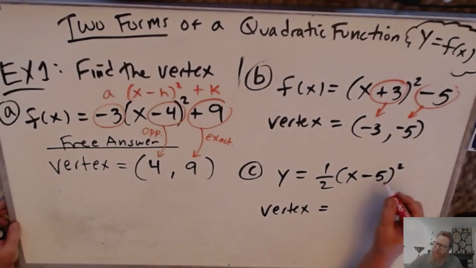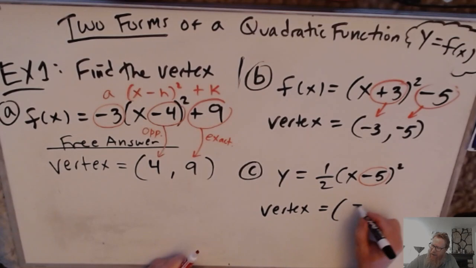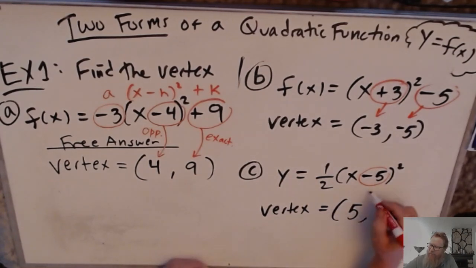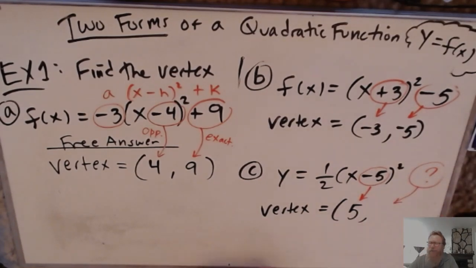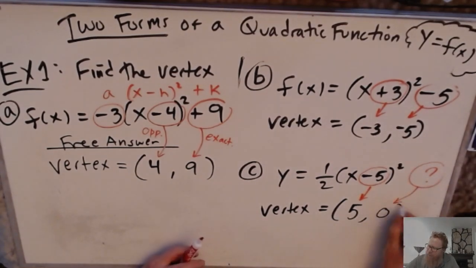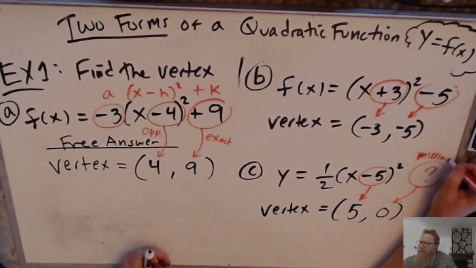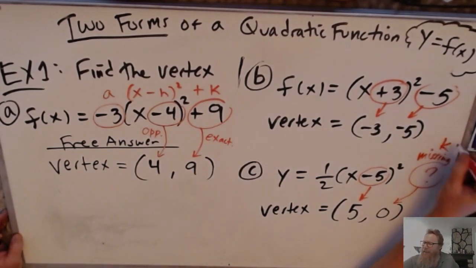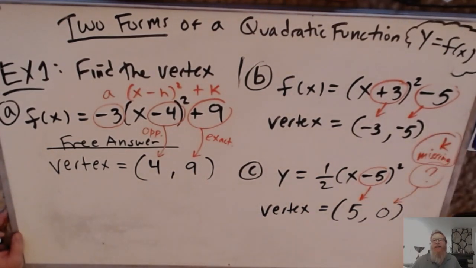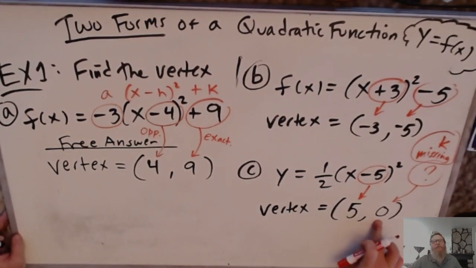So it's the opposite of -5, which is 5. And then there is no outside number, so put 0. If you have a missing term, if the k is missing, then that means it's 0. So (5, 0).